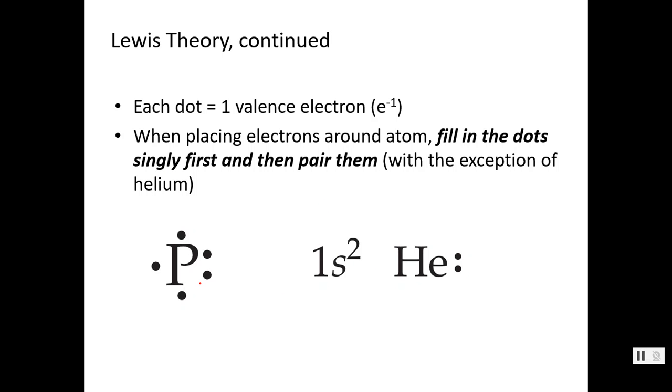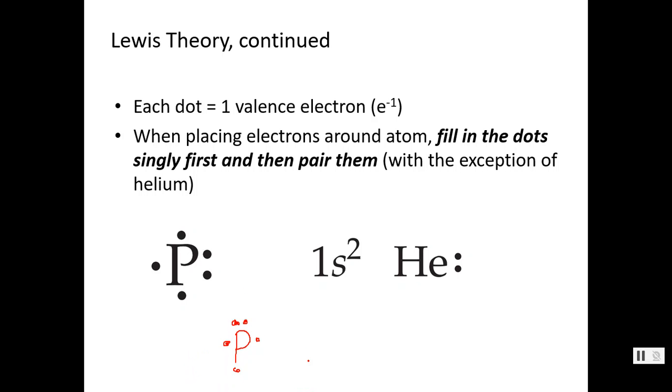So I have here phosphorus. Here's the Lewis dot structure for phosphorus, but to double check yourself, you write the symbol for phosphorus, and then how did I know that there were 5 valence electrons around it? Phosphorus is in group 5, so I need to place 5 valence electrons. So I do singly first, 1, 2, 3, 4, and then I place that 5th one.